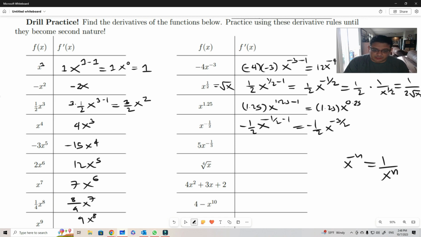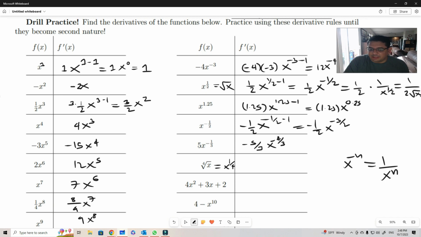Now we move forward here, then this will be minus 5 over 3 x to the minus 1 minus 1 over 3 minus 1. Remember, minus 1 can be put in terms of the denominator here, which is going to be 3 over 3. So this becomes minus 4 over 3 when I complete the addition. Okay. Now this root of x to the 4 can be seen as x to the 1 over 4.